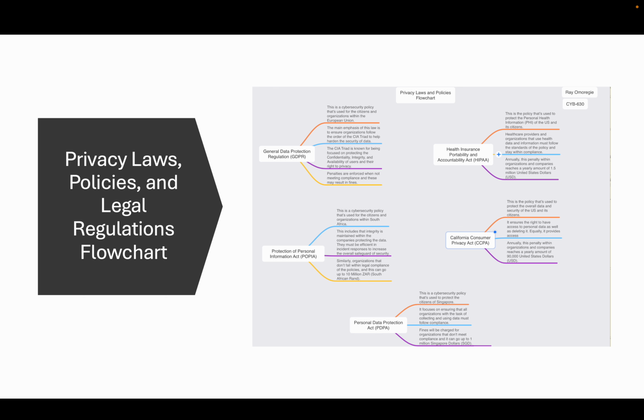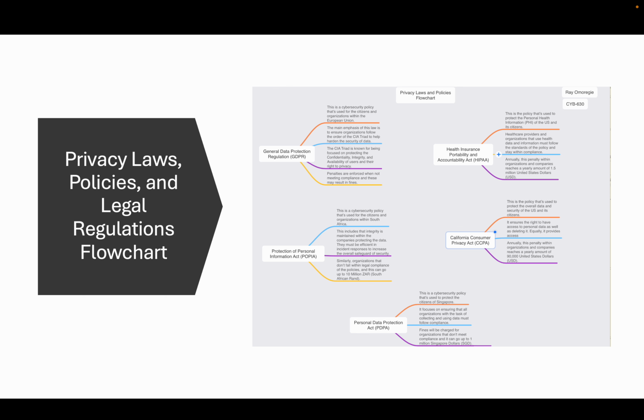CCPA is known as the California Consumer Privacy Act. It is known to ensure that data is secure for the citizens of the United States. It's just another way of ensuring that we are secure. Then there are the Protection of Personal Information Act and the Personal Data Protection Act.